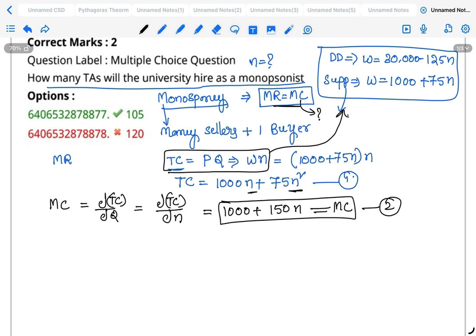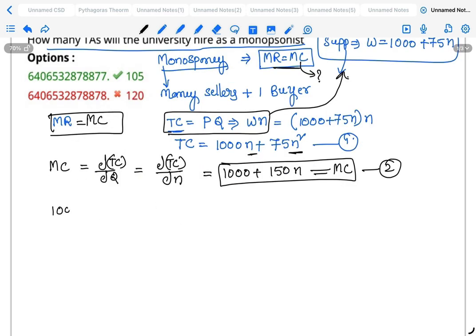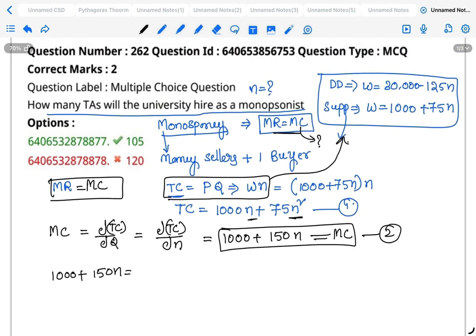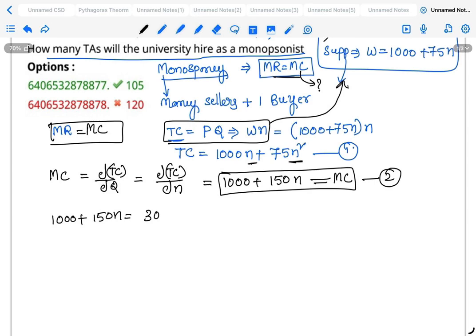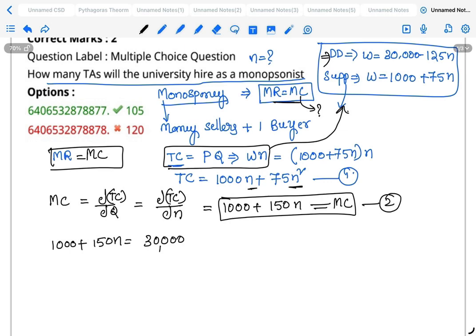From the condition MR equals MC, 1000 + 150N equals 30,000 - 125N, so 275N equals 29,000 minus 1000, that is 29,000.